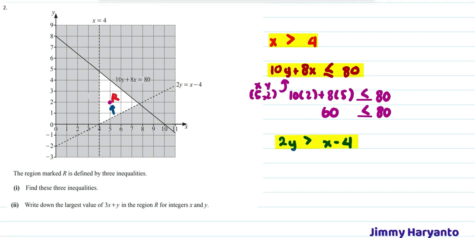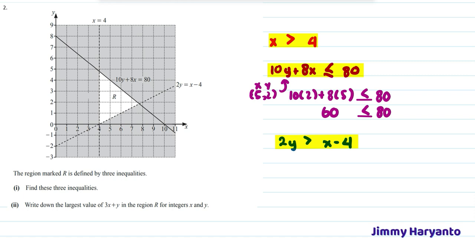Okay, next is part II. For II, the question wants you to find the largest value of 3x plus y. That means you have to find the extreme points of the region. The extreme points of the region should be this one, and this one. But the question says x and y have to be integers, so we cannot use this point.